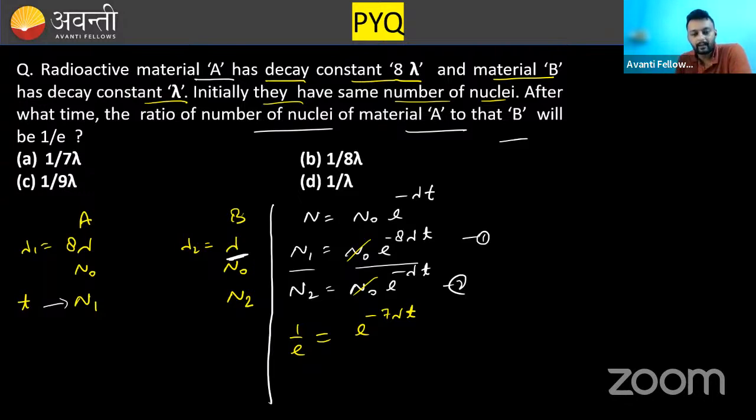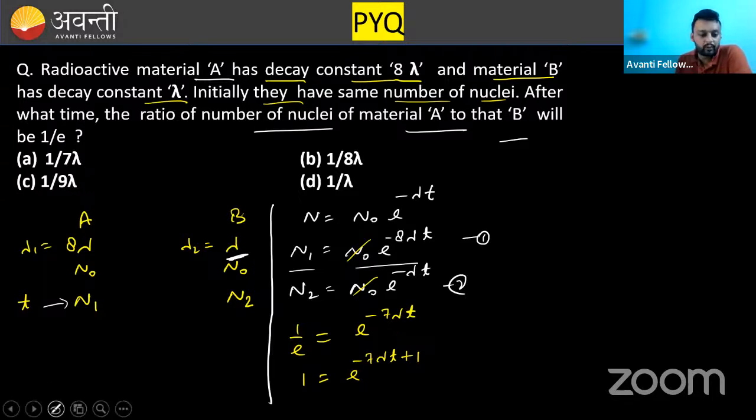Or if I say 1 equals e raised to the power minus 7 lambda t plus 1. How this plus 1? During the product, powers add. So if I multiply e here, then it will be minus 7 lambda t, and the power is already e raised to the power 1, so 1 will be added.